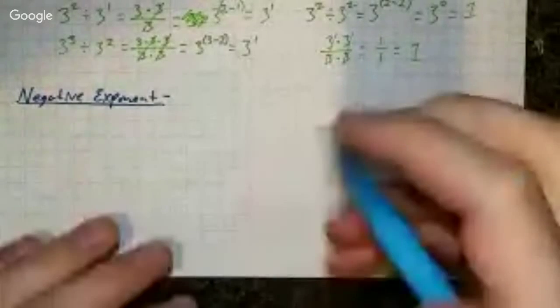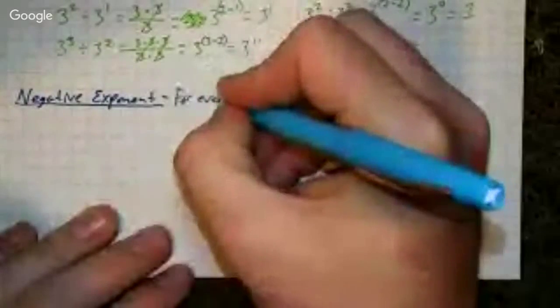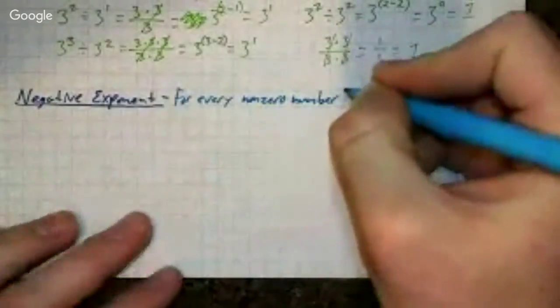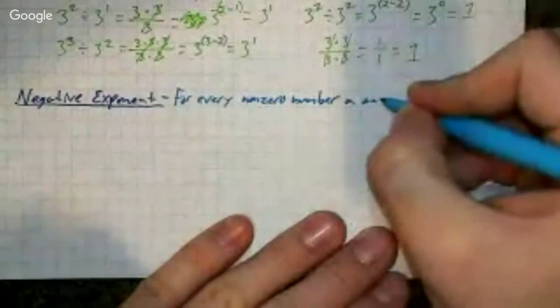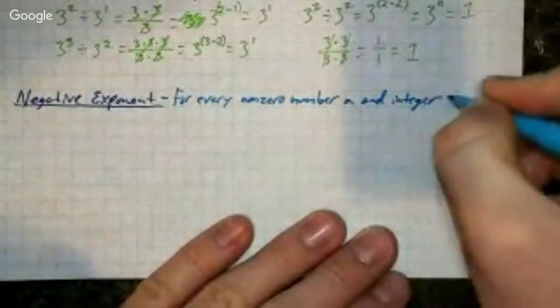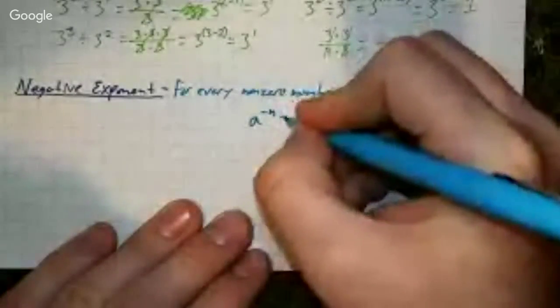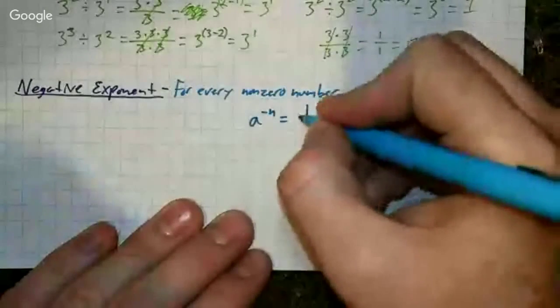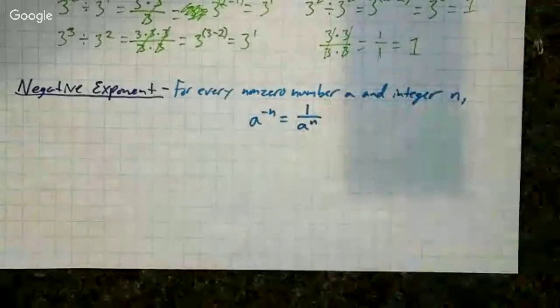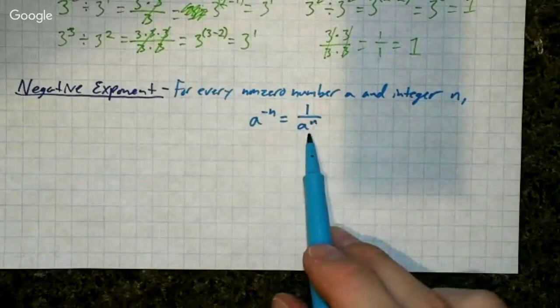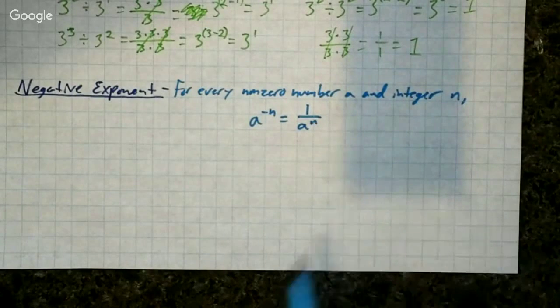What that means is for every non-zero number a and integer n, this happens every single time. A to the power of negative n is the same thing as saying 1 over a to the n. That negative sign means that we simply put our power over 1, or sorry, under 1.